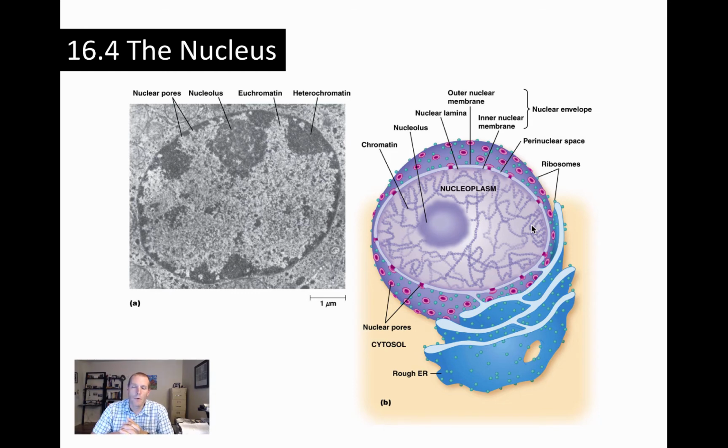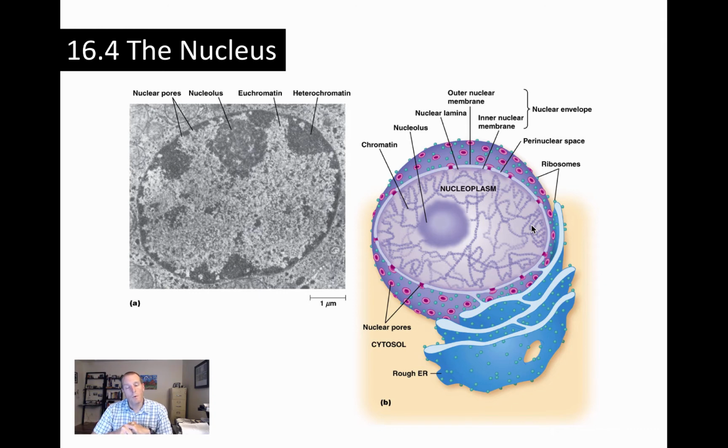The outer membrane is continuous with the endoplasmic reticulum, and it contains a number of different types of proteins that we're not going to get into the specifics of, that bind two elements in the cytoskeleton, the actin microfilaments, and a variety of different types of intermediate filaments.